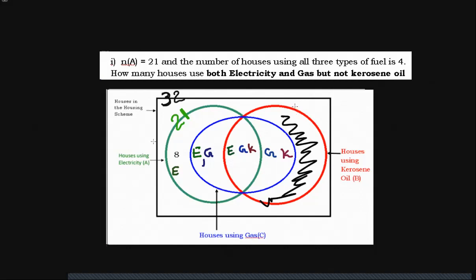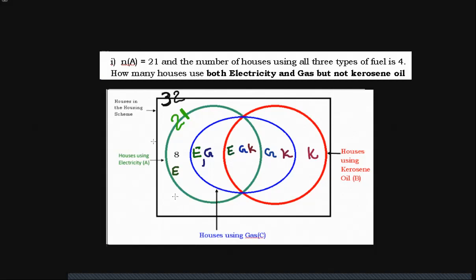It's outside green, outside blue, but inside the red. So what is red for? Kerosene. All right. And what's the region outside the circles? That's the region belonging to families who are not using any of these three types of fuel.